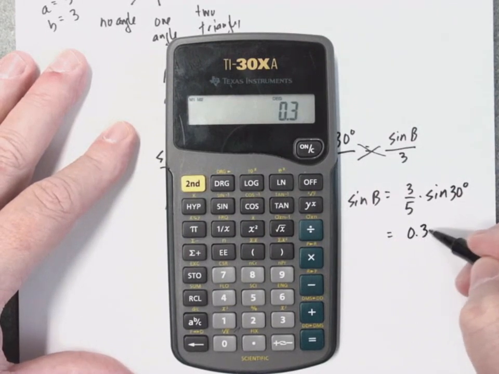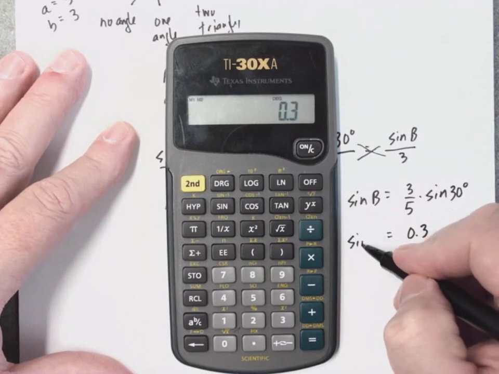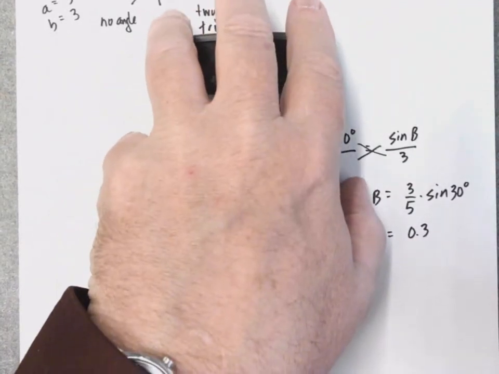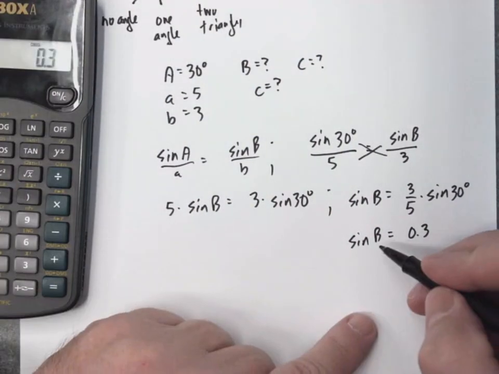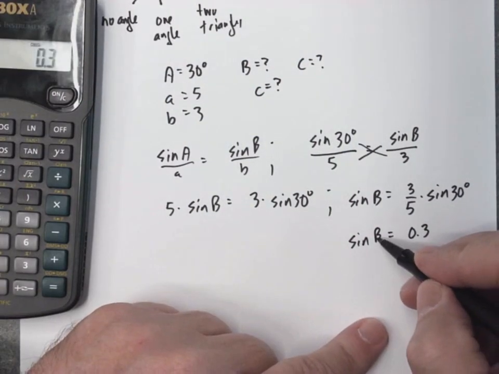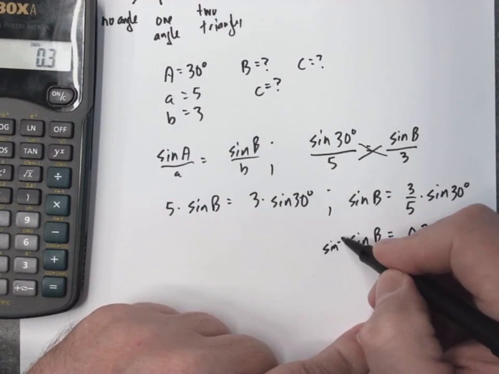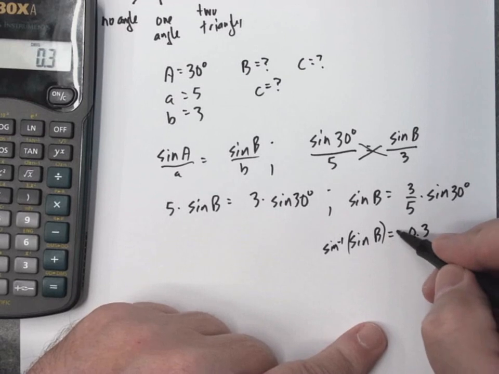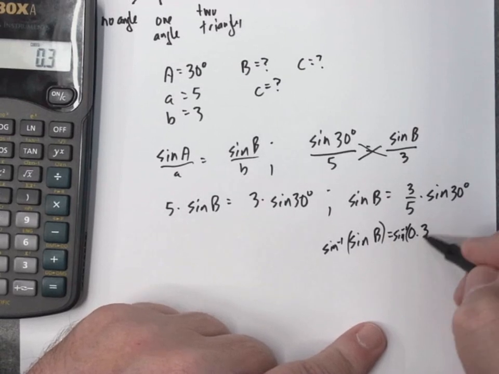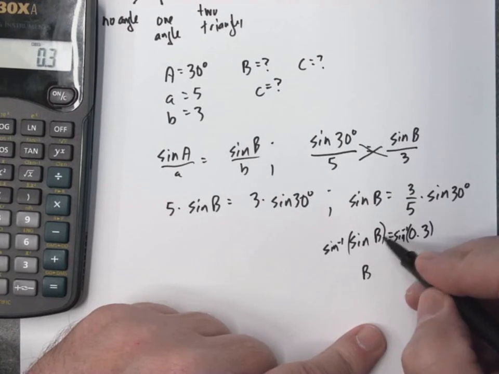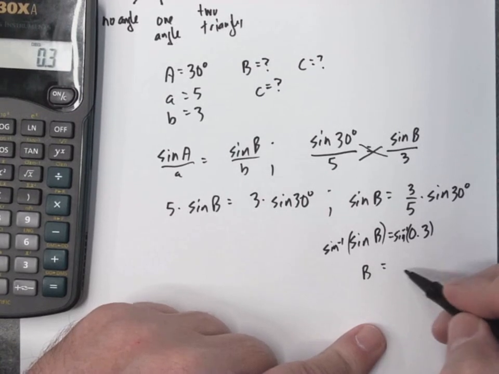That makes it easy. So the sine of B is 0.3. What I really want to get is B. How do I get from the sine of B to B? Take the inverse sine of both sides. The inverse sine of the sine of B is just B.